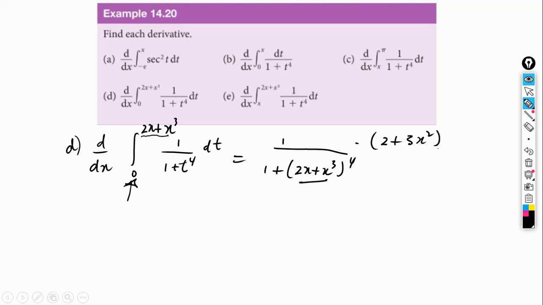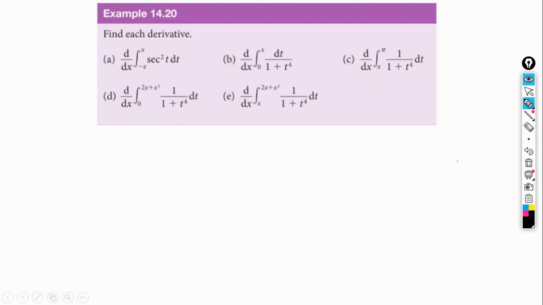And we're going to simply get 2 plus 3x squared divided by 1 plus 2x plus x cubed to the 4. And you can leave it like that. You're not expected to expand this part.